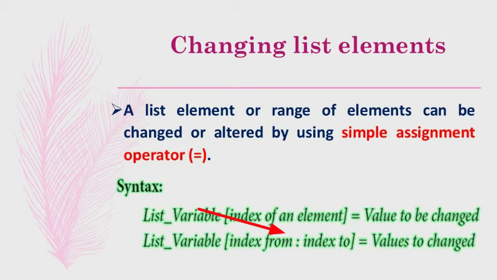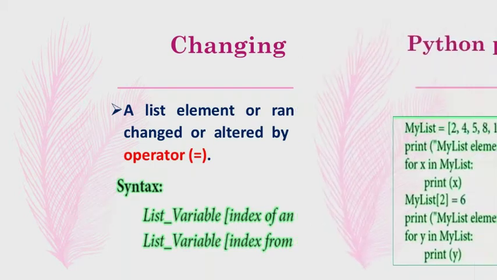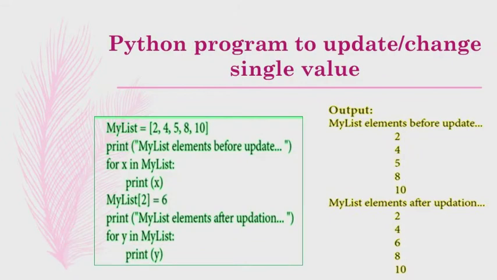If you set 0 as the beginning index and 5 as the ending index, you have to specify 0 colon 5, but you take only 0 to 4. If you want to update the range of elements from 1 to 4, you have to specify it as 1 to 5.